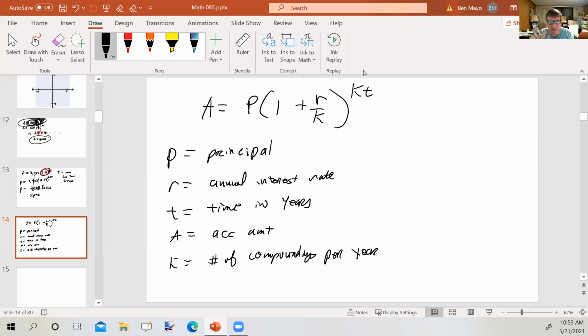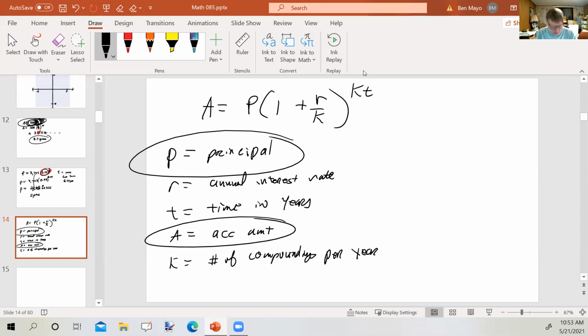So you get interest, and then you get interest on the interest, and interest on the interest on the interest. And so the more times they compound it per year, the better off the person that has the money in the bank, the better off they are. So principal is the amount you invest, and accumulated amount is what it's worth at the end of some time.